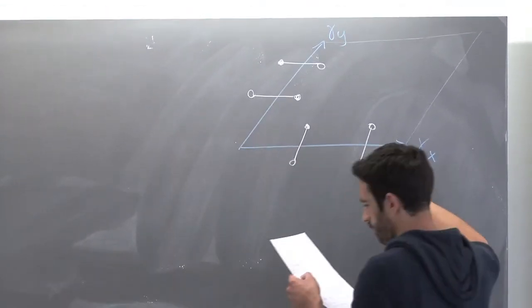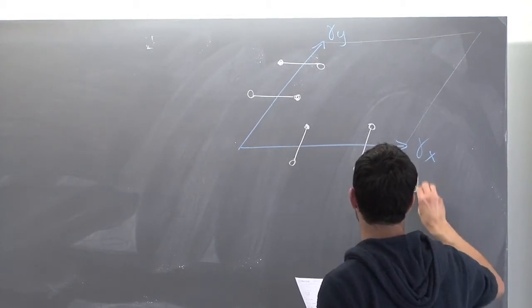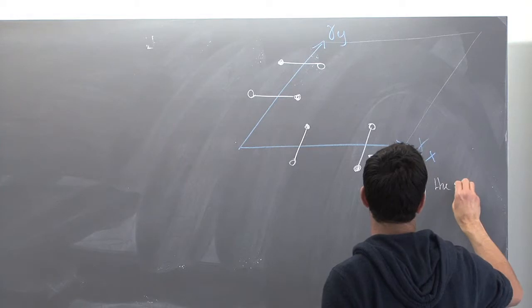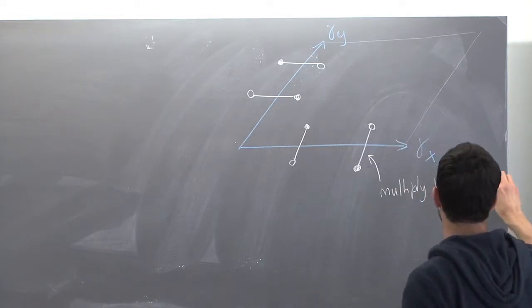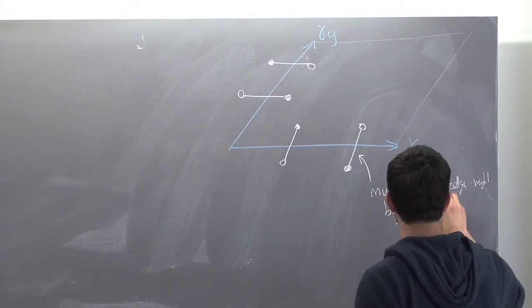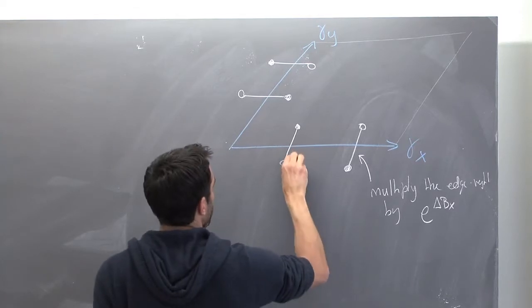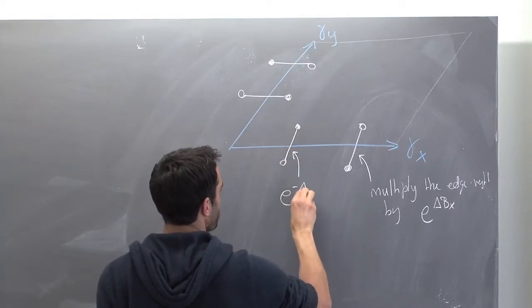So white, black, this one, you multiply this edge weight by e to the power delta Bx. This one you multiply by e to the power minus delta Bx.